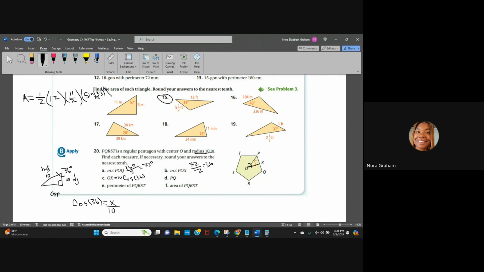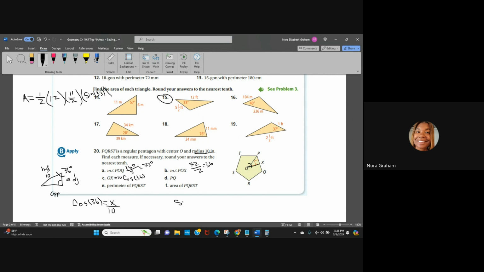PQ is going to be our side, our whole side, right? So to find our whole side, first of all, we need to find our opposite. We're going to have to use trig for this one too, because we want to find this. I want something with hypotenuse and opposite. That's going to be sine.